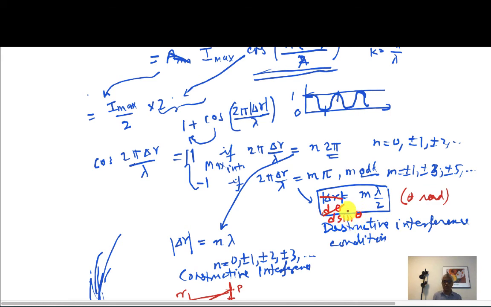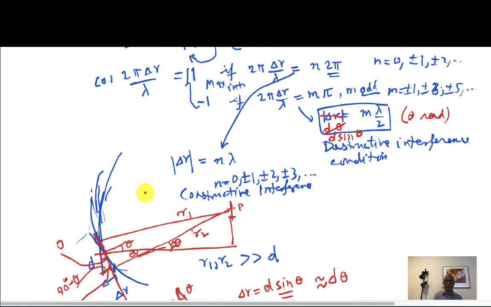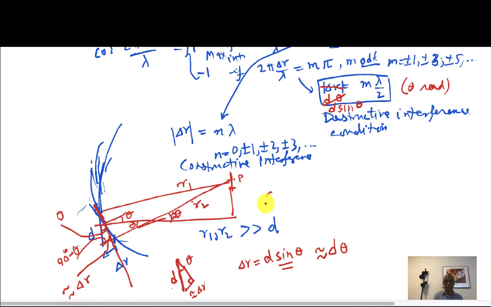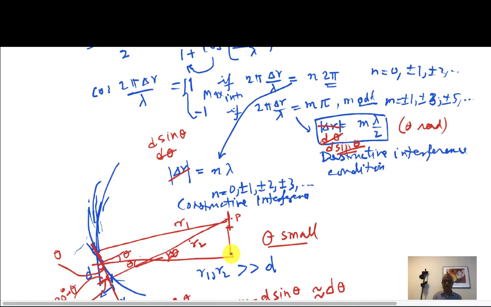I don't know why you would say d sine theta, because you made all kinds of linear approximations here: very far away, theta is small. But traditionally we actually use d sine theta instead of d theta here. So you can say d theta, or you can say d sine theta. It's up to you. They're all going to be very close to each other when this approximation is correct.